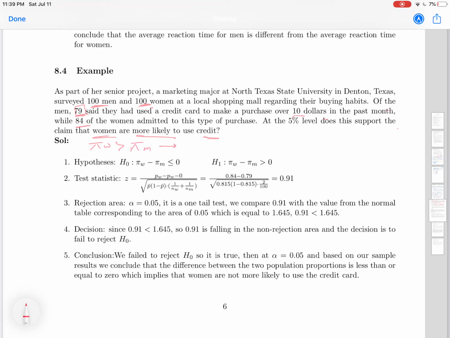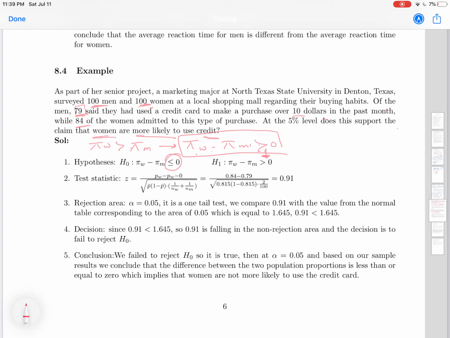So our parameter of interest is going to be the proportion of using the credit card to make a purchase. At a 5% level of significance, does this support the claim that women are more likely to use credit? So that's what we're going to write: women greater than men.